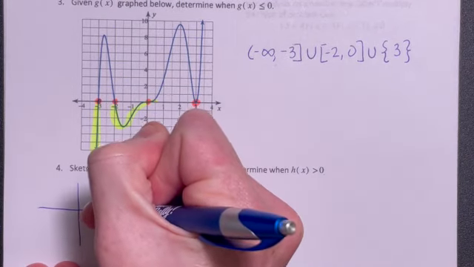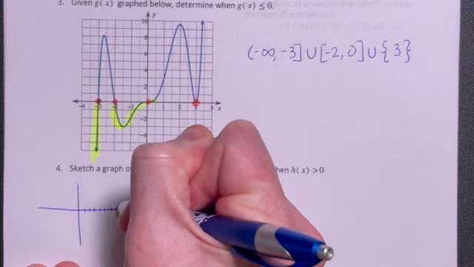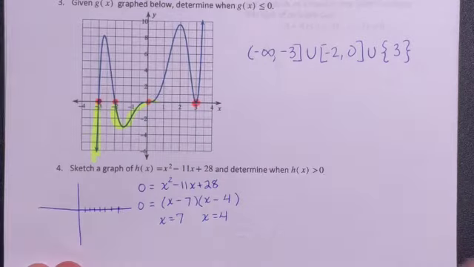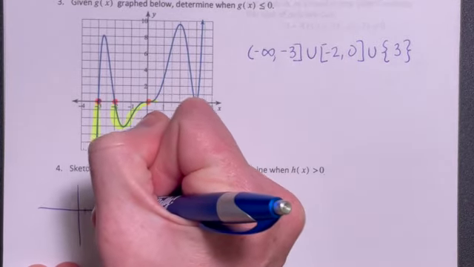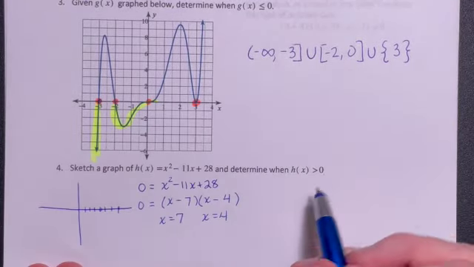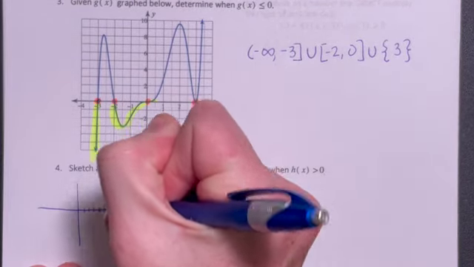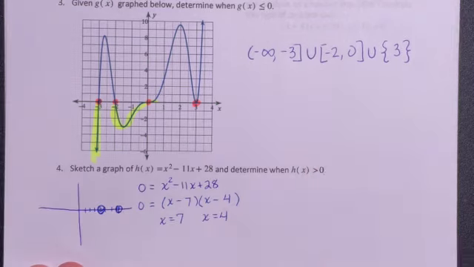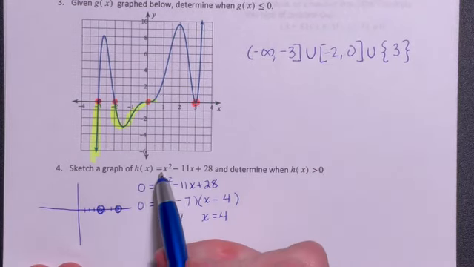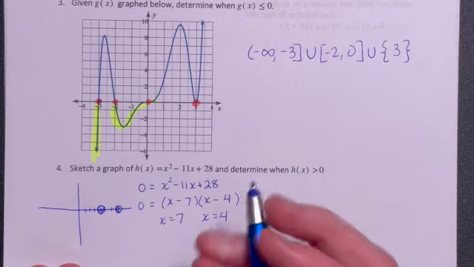So when x is 7, it's going to equal 0. And when x is 4, it's going to equal 0. Our inequality only wants when it is strictly greater than 0.